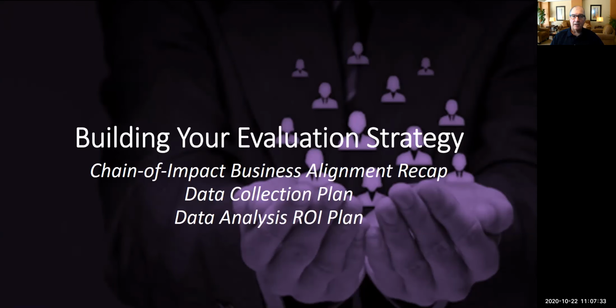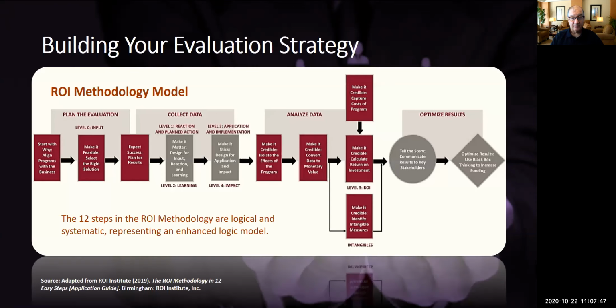All right, our favorite part, building your evaluation strategy. All right, do a little chain of impact recap, data collection plan, and data analysis ROI plan. So, piece of cake, right? Here we go. All right, starting last week, we looked at the ROI methodology model, and we had pointed out that for this course, this is the exact place where we're going to be working, planning the evaluation.